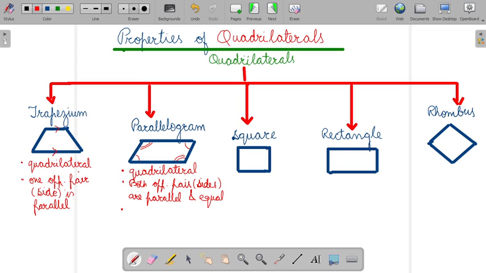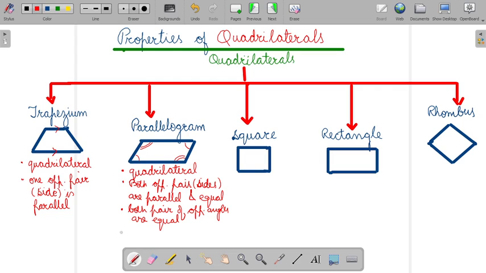So both pairs of opposite angles are equal. These two opposite angles are equal and these two opposite angles are also equal.